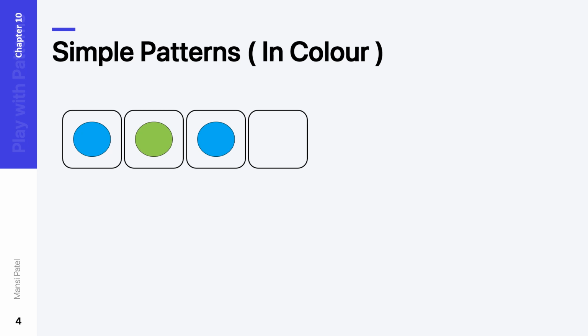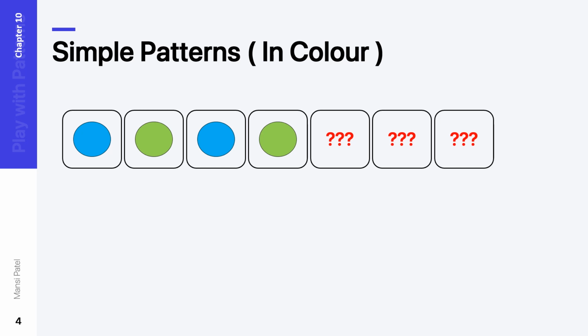After that, again blue and again green. So, you have to understand and find out. Here you can see that the circles are coming with different colors. First it is blue, then green, then blue, green. Now what about the next?